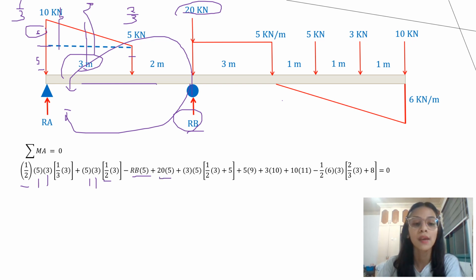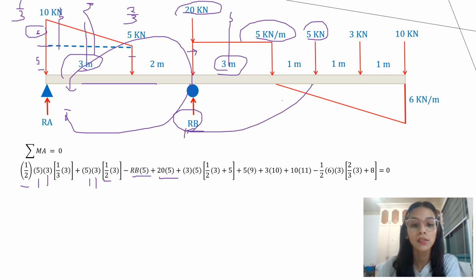So 20 times 5, plus the area of the rectangle, base times height, 3 times 5, times the centroid of 3, 1/2 times 3, plus our point load 5 kN, moment to A clockwise, so 5 times 9, since 1 plus 3 plus 2 plus 3 is 9, plus our point load 3 kN clockwise, so positive, with distance 1 plus 1 plus 3 plus 2 plus 3 is 10, so plus 3 times 10.